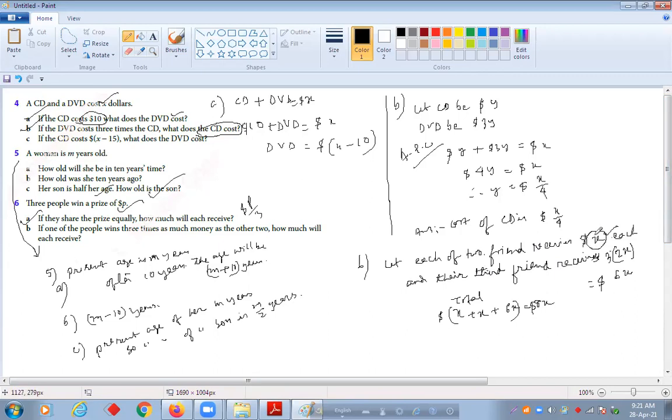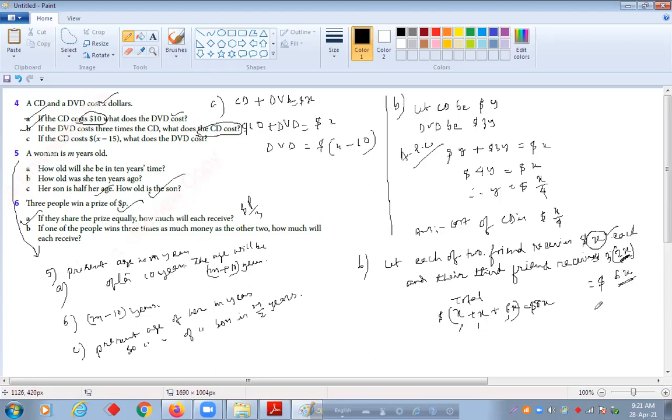First one got X, second one also got X, no problem. But the third friend received 3 times the total amount the other two friends received. The total amount of the other two friends was X plus X, 2X. He received 3 times of that, that means 3 into 2X, total 6X. So the amounts of the friends are X, X and 6X.